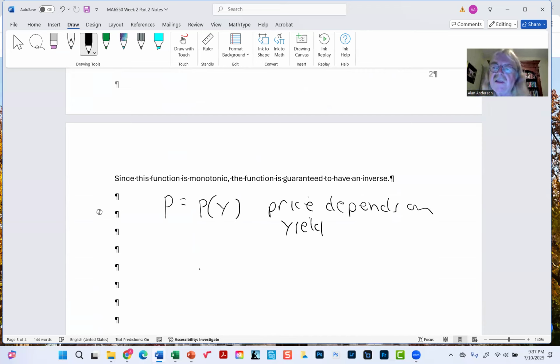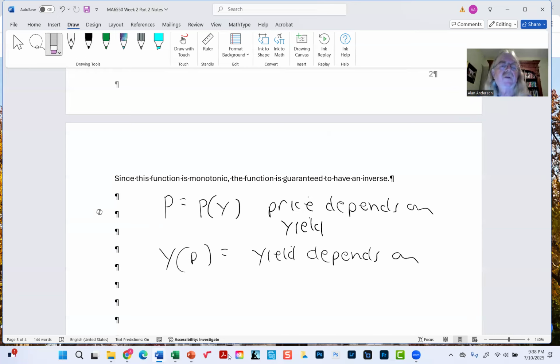But you could also make the case that the yield depends on the price. I guess you could write it as Y of P. Actually, you'd probably be better off writing it like this.